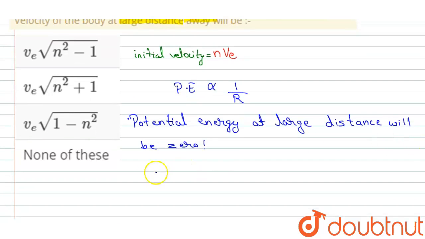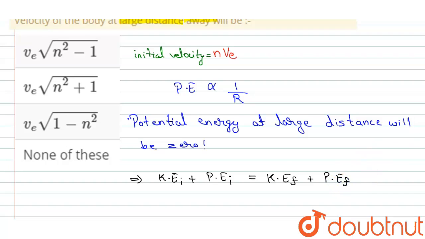Okay, and when we talk about the mechanical energy, for this system the mechanical energy will be conserved. So if the mechanical energy is conserved, then the initial kinetic energy plus the initial potential energy is equal to the final kinetic energy plus the final potential energy.